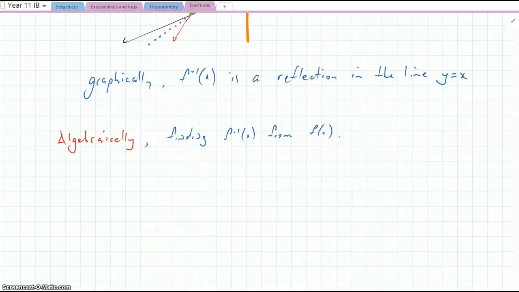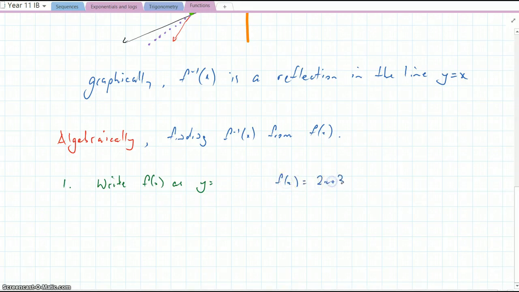Right, so step one, write the f of x notation as y equals. So step 1 is f of x is 2x plus 3. We're going to write it as y equals 2x plus 3.